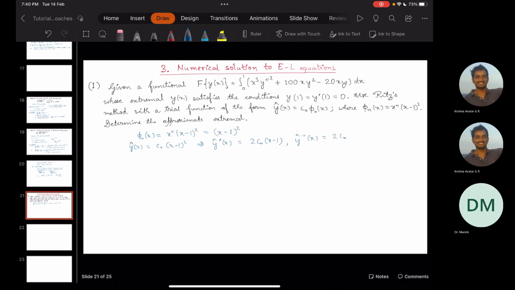Okay, so let's substitute the expression for y hat in our functional here, and that's our goal, to determine the extremal of this functional.